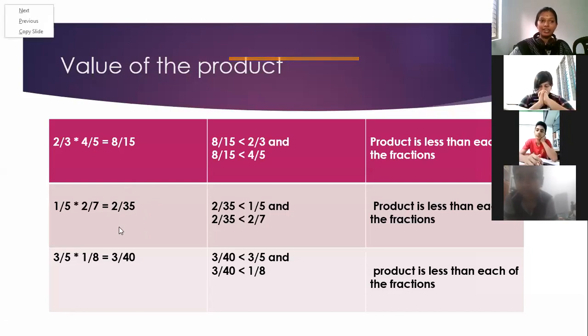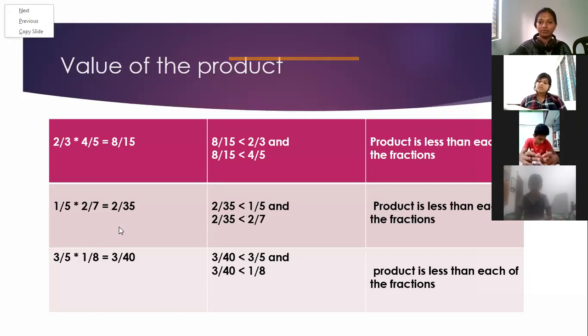How will you get the value of 1 by 5? It is 0.2. And you can calculate the value of 2 by 7 by dividing 2 by 7. It's around 0.2, etc. And in the case of 2 by 35, what happens?